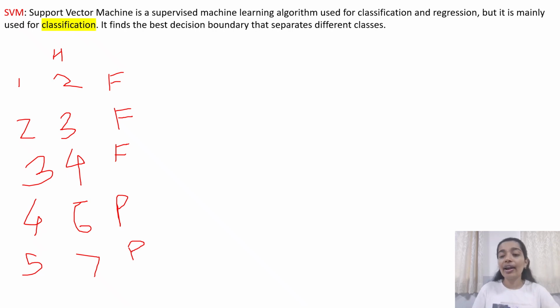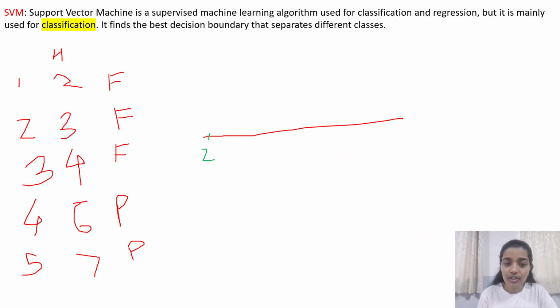Now if we are applying support vector machine, what we will be doing is we will try to plot it. So basically SVM works graphically. The graph will look somewhat like this. If the student studies for 2 hours, the student has failed.